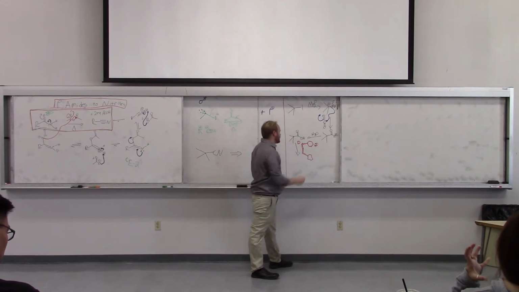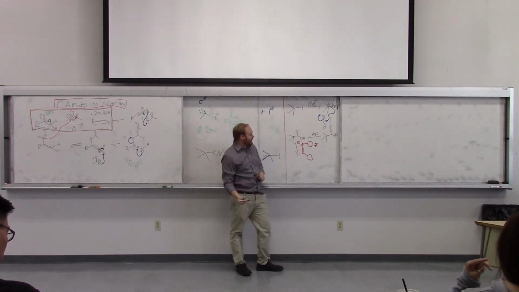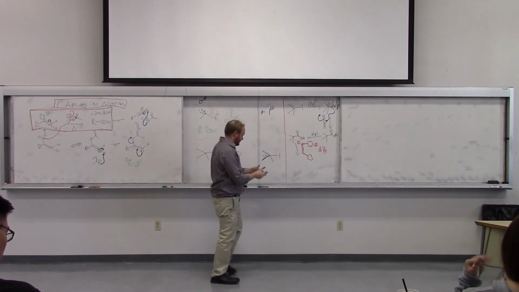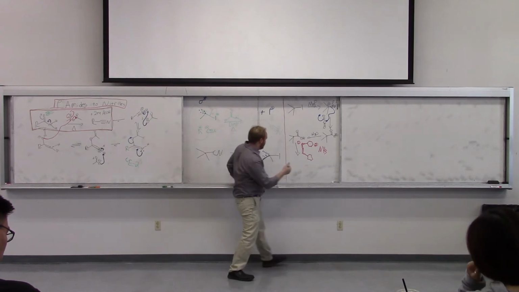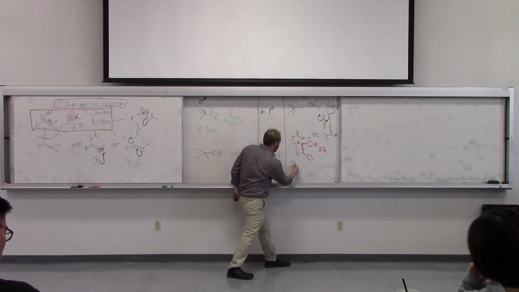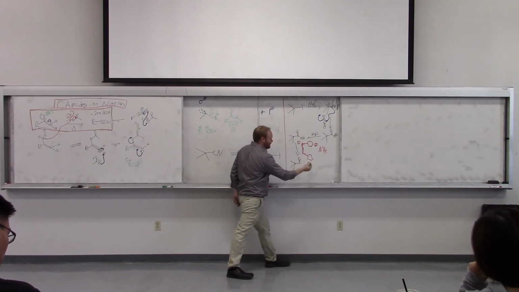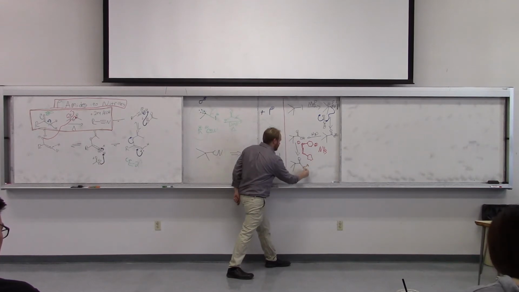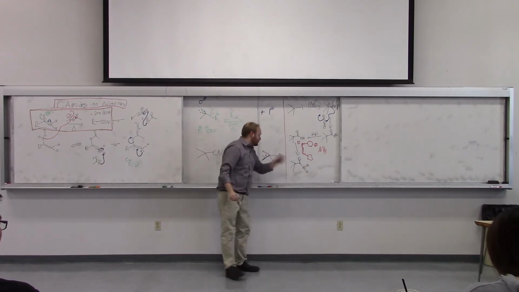And then after we let that stir with the carbodiimide, we can add our amine. In this case, it will be ammonia, NH3. And through a mechanism we talked about a lot last week before spring break, that will give us our primary amide.